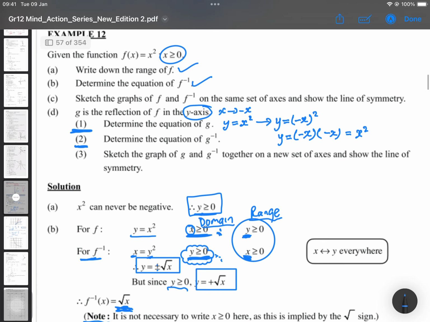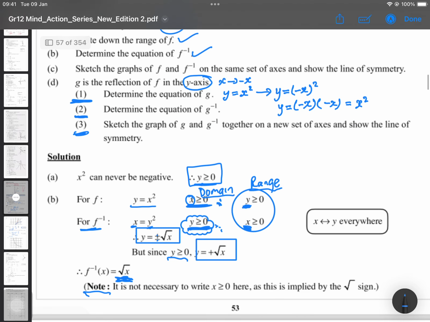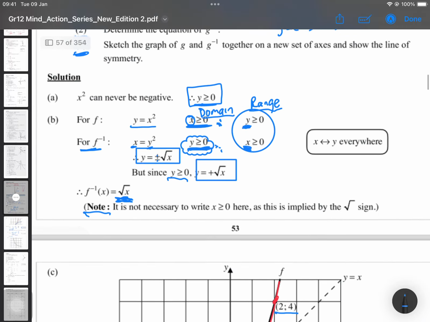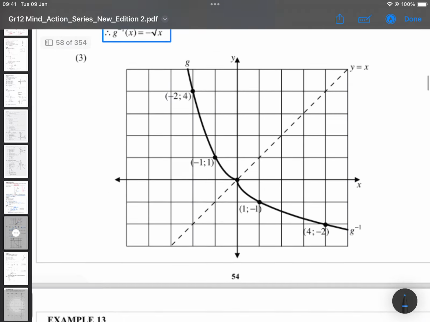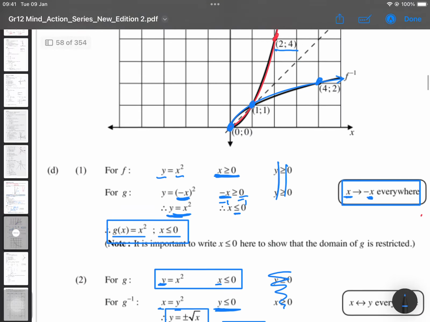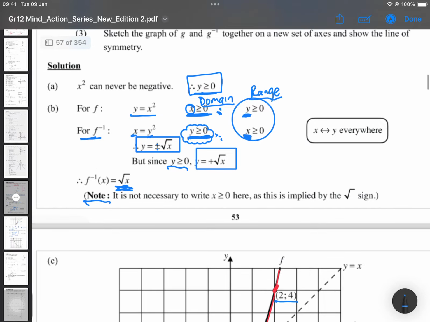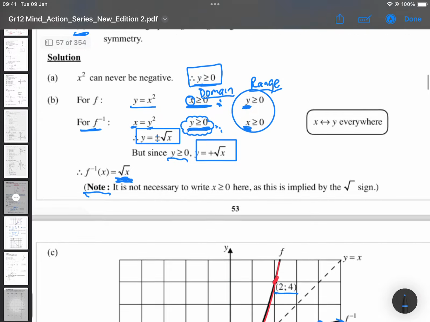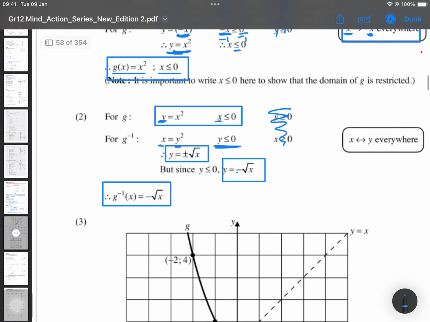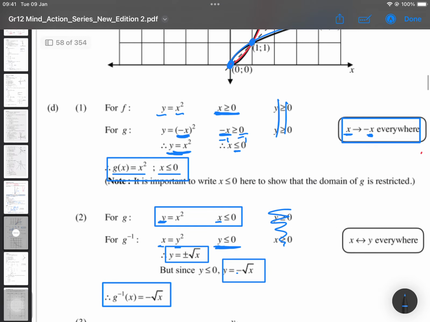Number 3, sketch G and its inverse on the same set of axes, and show the line of symmetry. Again, if I forget, the line of symmetry is y equals x. So for number 3, you'll see G, the equation of G there.